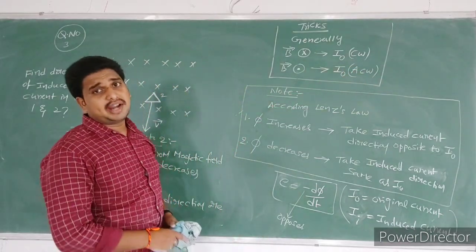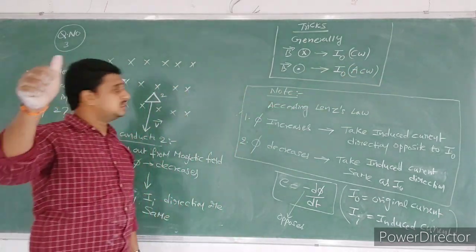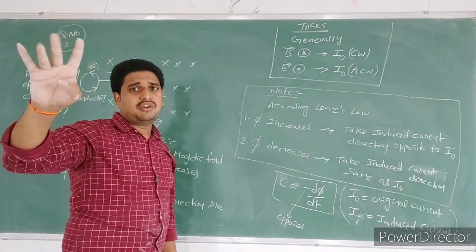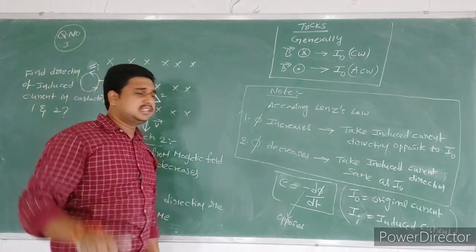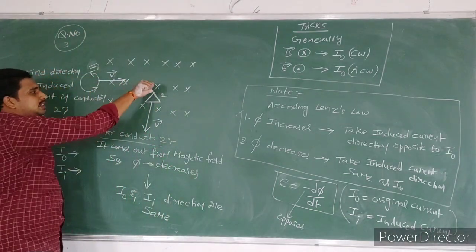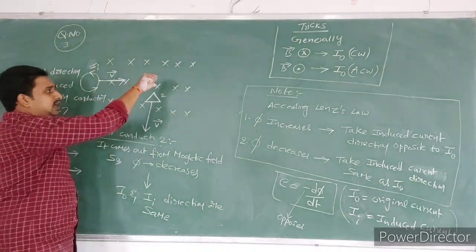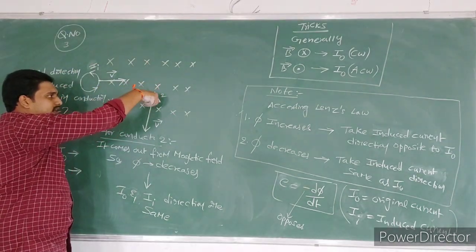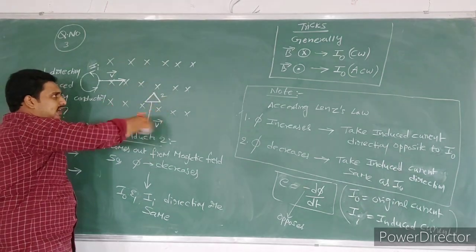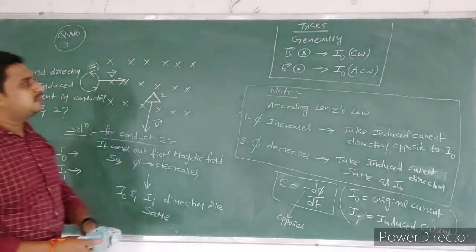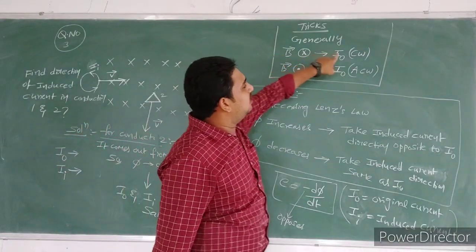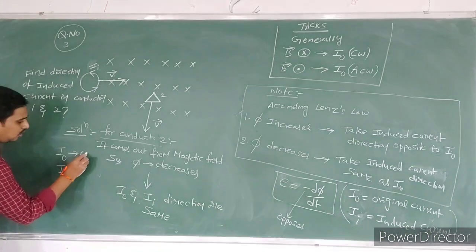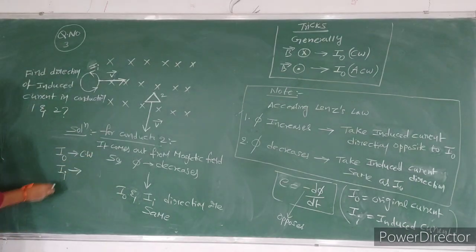According to the right hand thumb rule, the thumb indicates the direction of magnetic field, and the fingers indicate the direction of current. So please apply here. Here the thumb indicates into the page, so I place the thumb along into the page. Fingers indicate the direction of current. What is the direction of current? Clockwise. If the magnetic field is into the page, then the original current direction is clockwise. So here clockwise is the original current direction. What about the induced current direction?